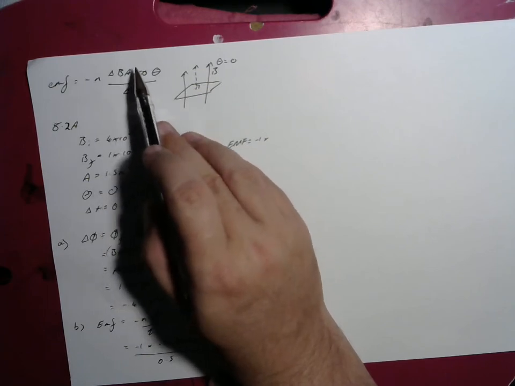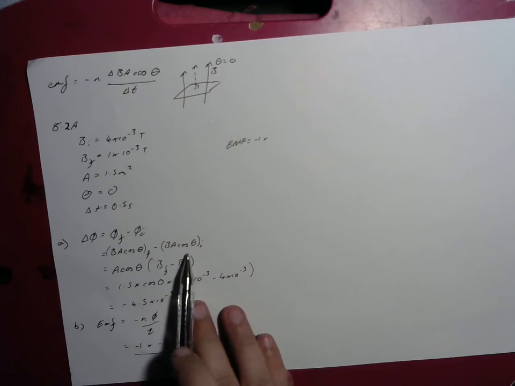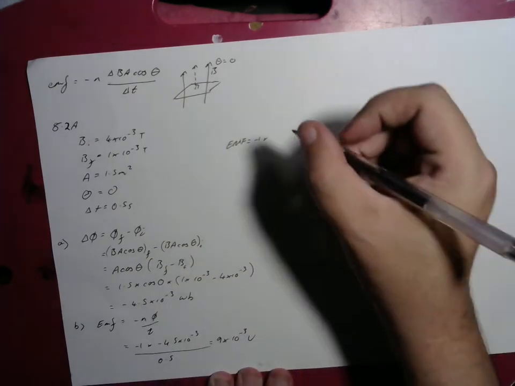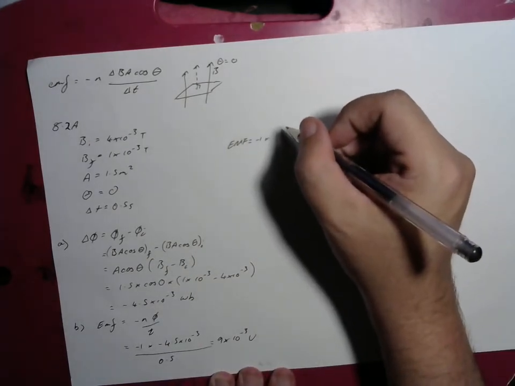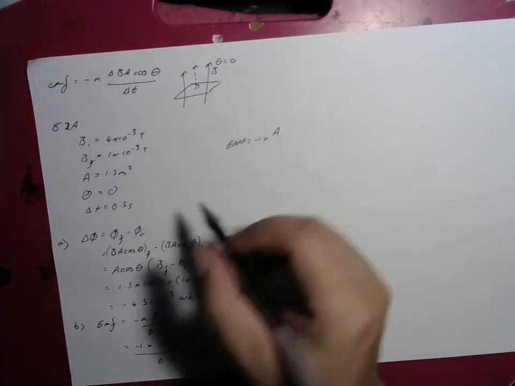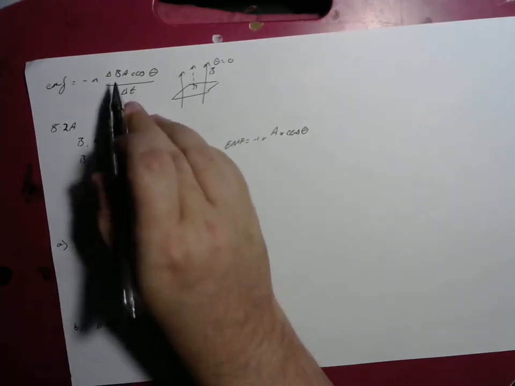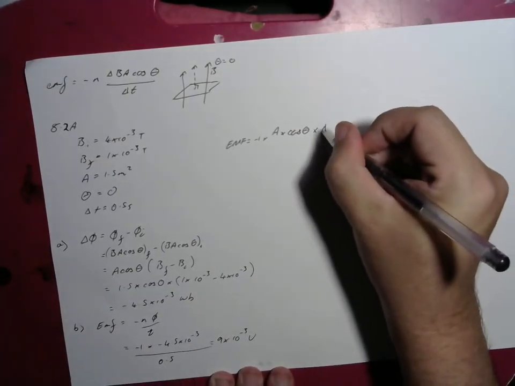Okay, so really what this is saying here is the final of this, take away the initial of this. One way of thinking about it is, let's just delta the only thing that's changing. A is not changing, theta is not changing, but B is changing.